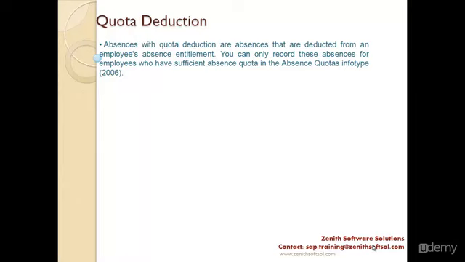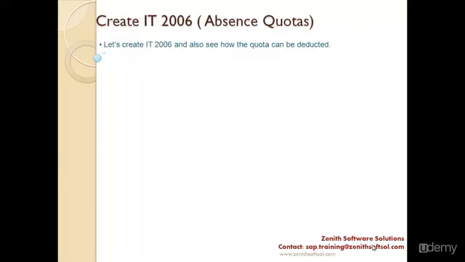That is nothing but quota deduction. In SAP configuration, you need to tell the system that the quota should be deducted. Now let's create infotype 2006 after you decide which method you want to use to generate the absence quota, and also see how the quota can be deducted.